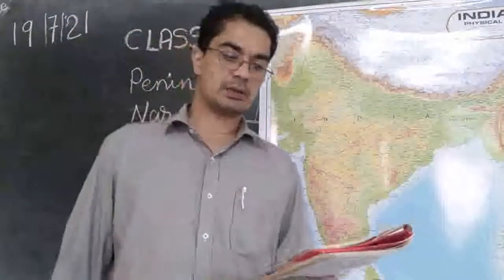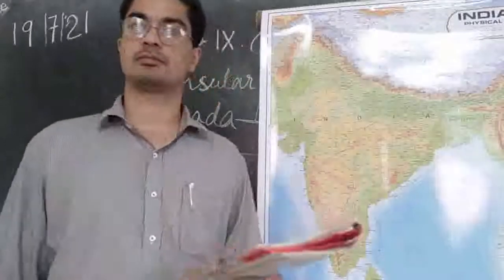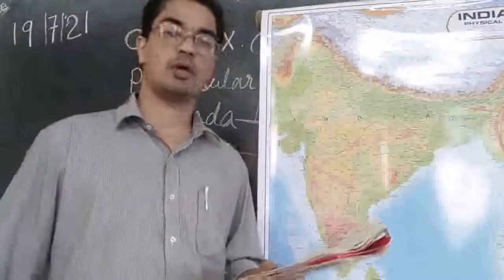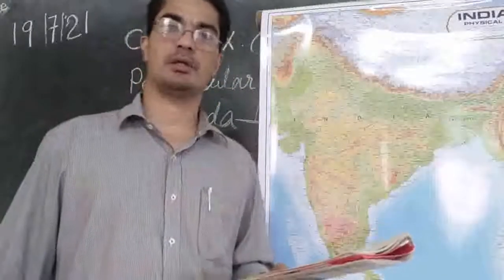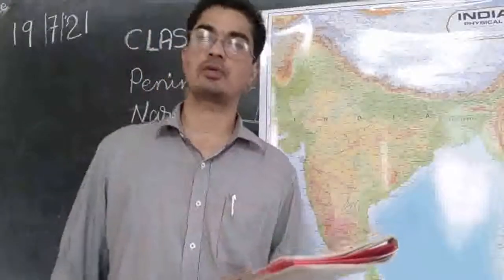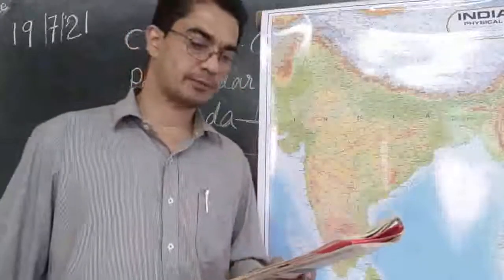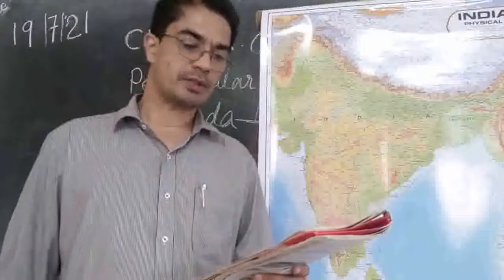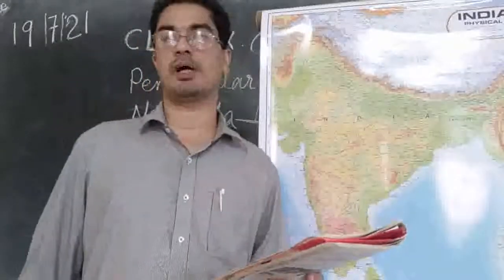The basin covers parts of Maharashtra. So this Godavari is flowing through the state of Maharashtra. Almost 50% of the basin lies in Maharashtra.